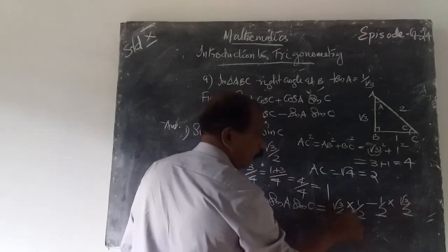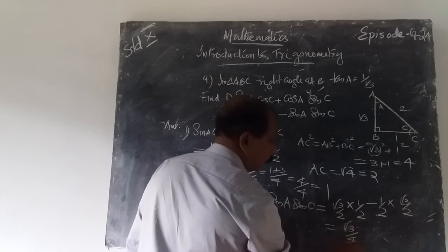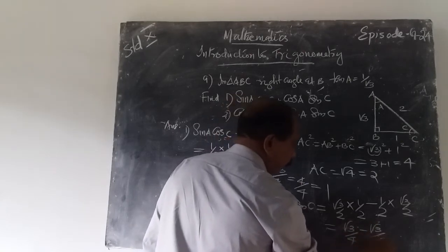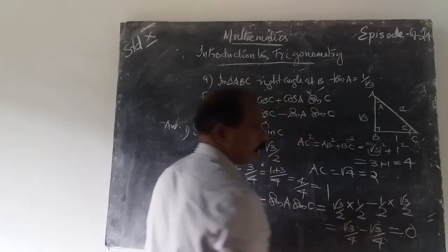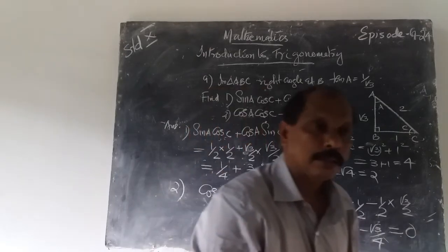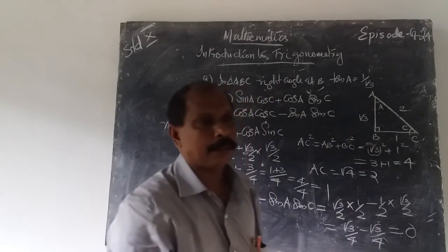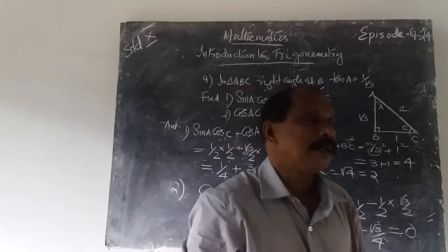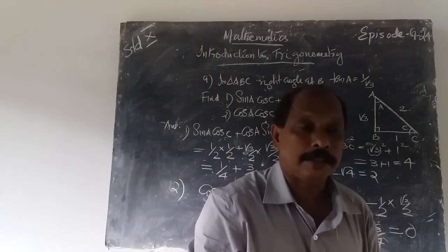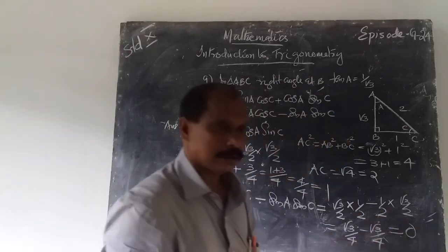That is root 3 into 1 by root 3... 2 into 2, 4 minus root 3 by 4 is equal to any number minus that number is 0. That is cos of A plus C. Cos A plus C, A plus C is 90 degrees, cos 90 is 0. Therefore, this is the answer.